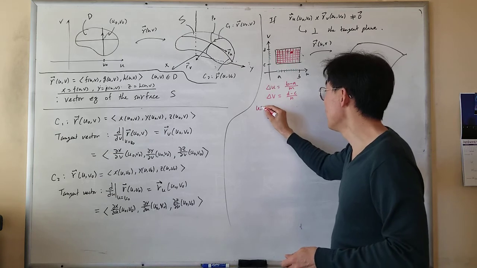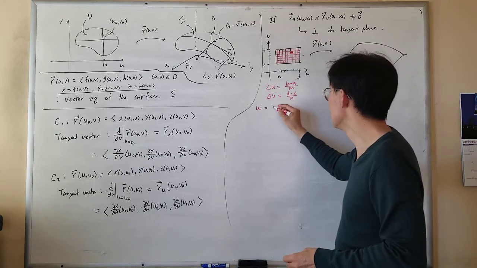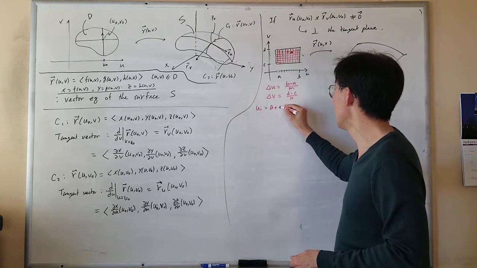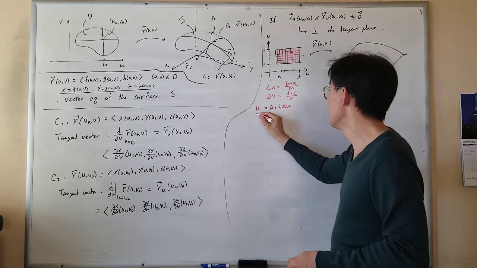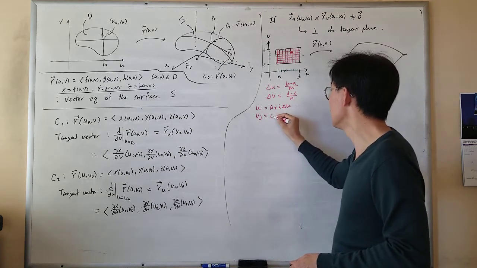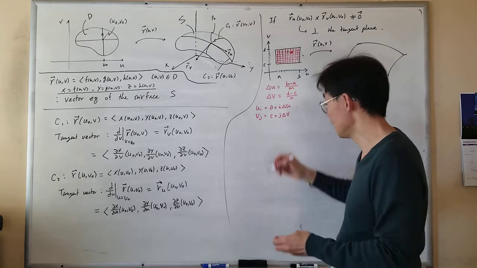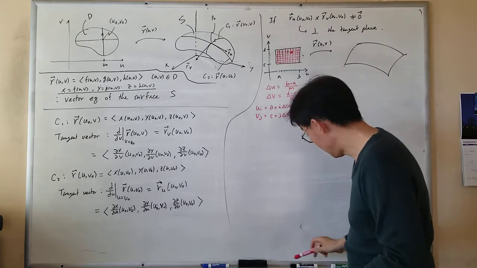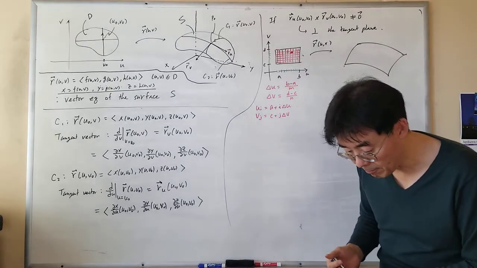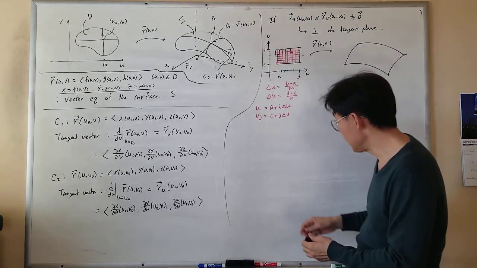And then u_i, the usual thing, is a plus i times delta u, v_j is c plus j times delta v, all right? The usual partition, okay? Let's say that is R_ij.